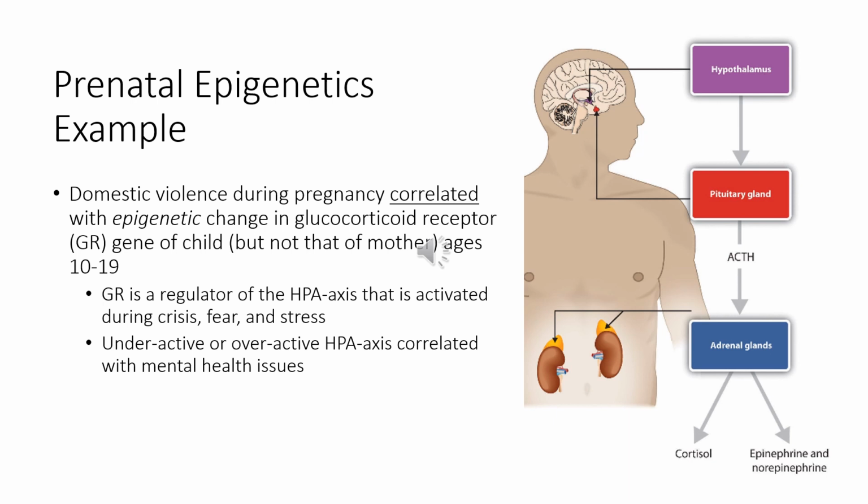And so it's just this idea that perhaps a scary, stressful experience that happened to a pregnant mother changed the epigenetic tags of her offspring, perhaps turned on some genes or turned off some genes to help her offspring be prepared for a more dangerous environment.